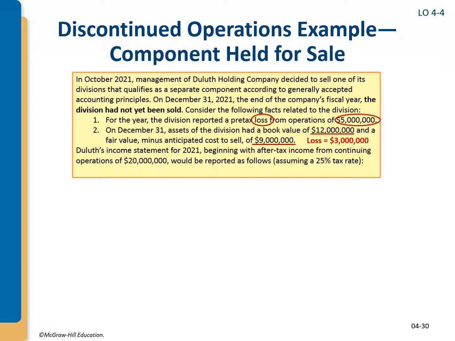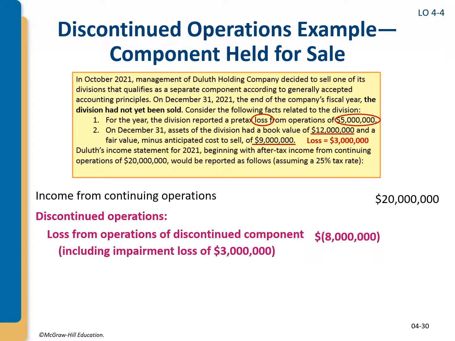So if the opposite was true, there would be a gain and we still didn't sell them. We'd say, well, we'll just wait till the sale happens. But when your book value is more than your fair value and you haven't sold them yet and it's the end of the year, you have to write the assets down to their fair value. And that's what creates an impairment loss. Take a look again. We start with that income from continuing operations.